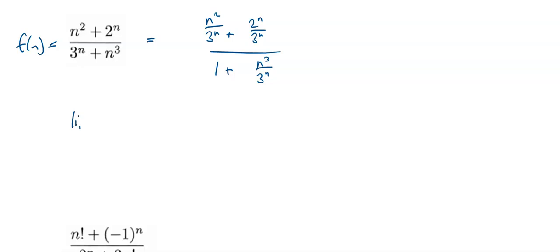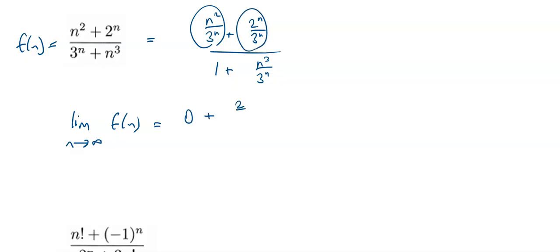Then the limit as n approaches infinity of this thing. So the first one here becomes 0. This one, because they're both to the power of n, we can actually rewrite this as 2/3 to the power of n over 1 plus 0. So this is going to be 2/3 to the power of n.